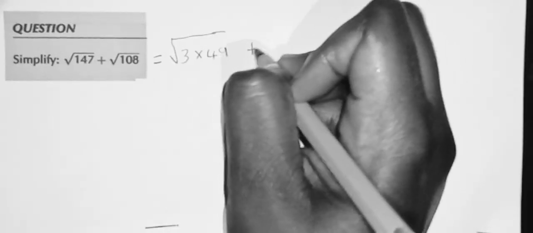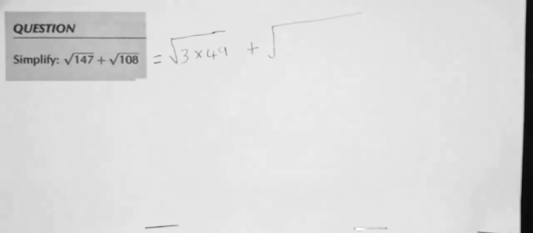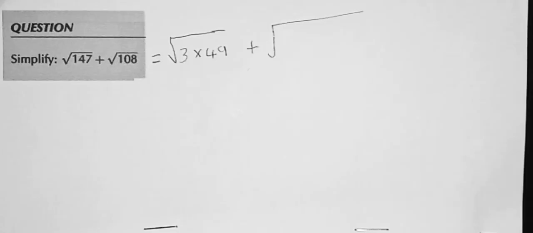And then you add square root of 108, which is 4 times 27.